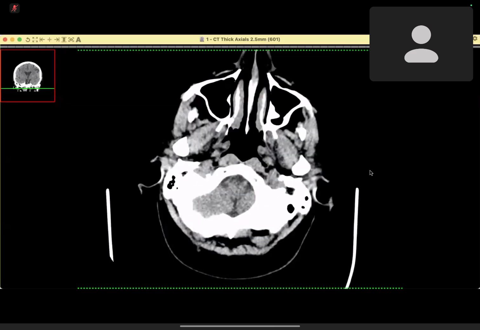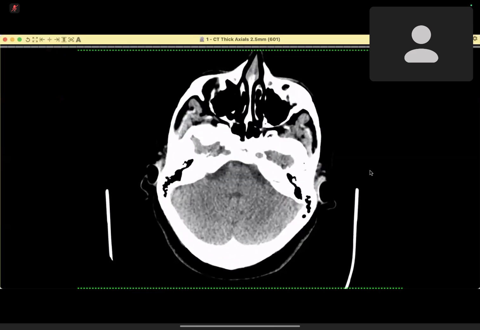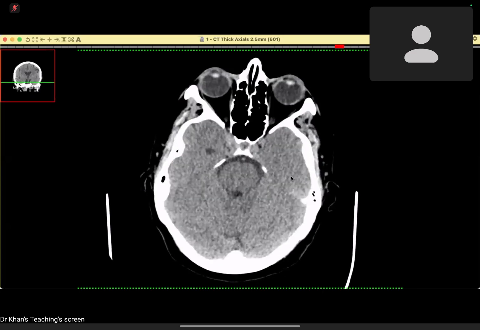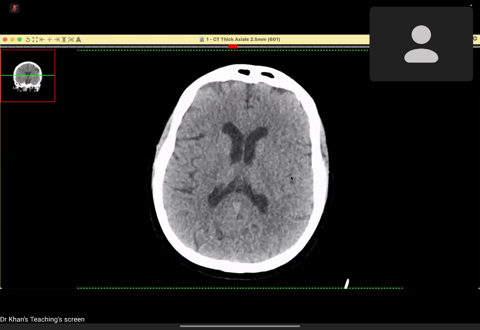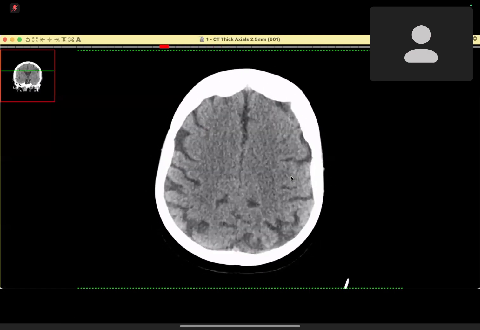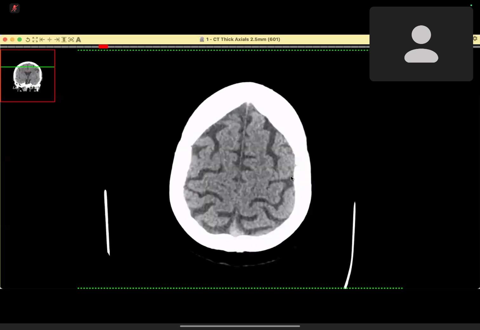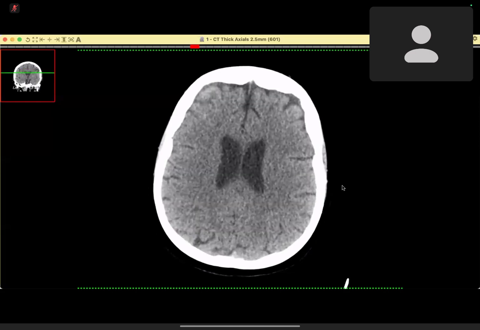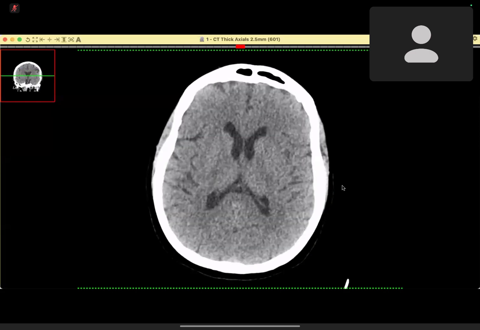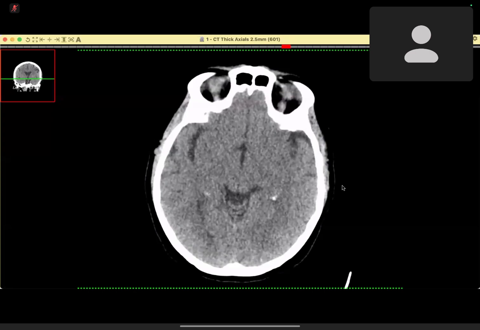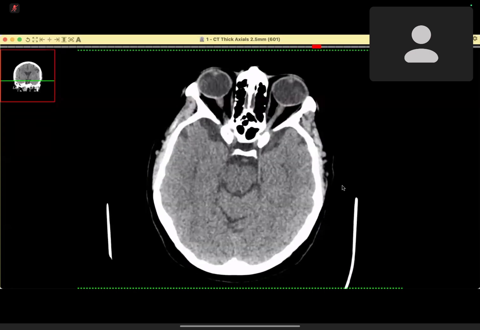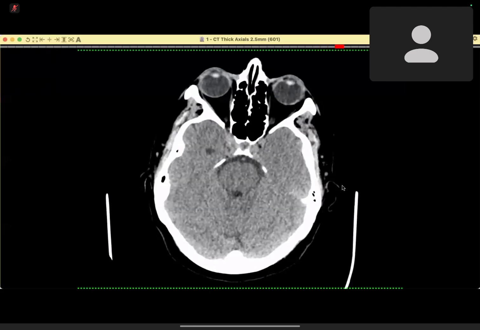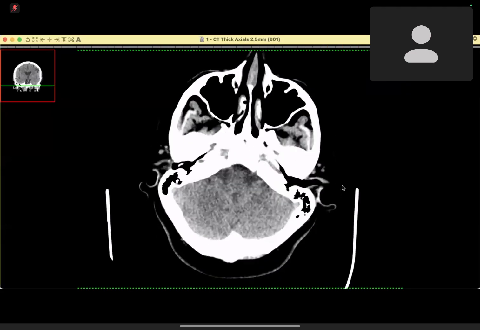I didn't pick up any abnormality on first inspection, so I will go through my checklist. In these images, I cannot see any intra-axial or extra-axial blood or hematoma. Also, there is no shift of midline structures, and the ventricular system is within normal. I cannot see any blood collection within the basal cisterns.